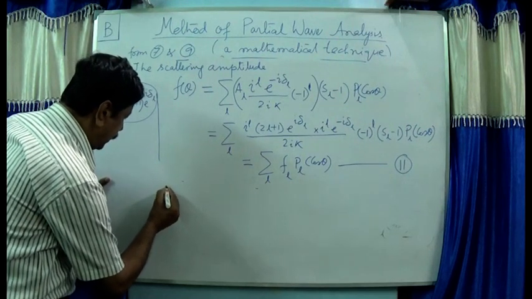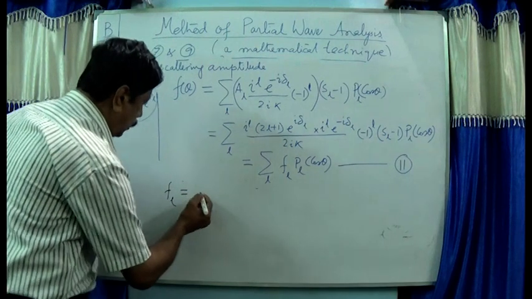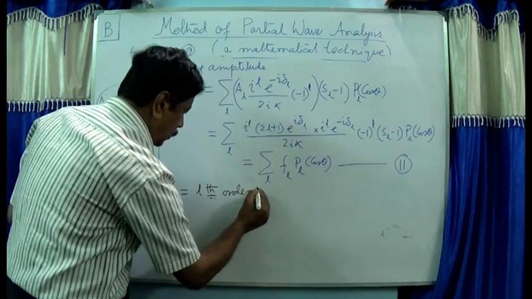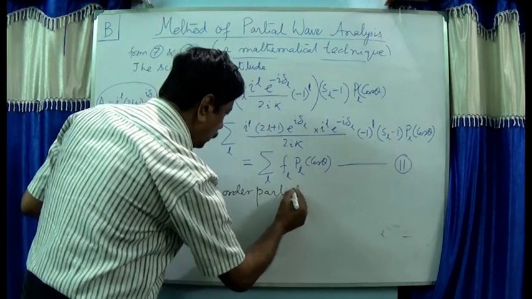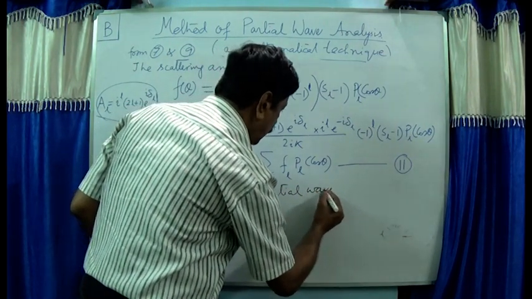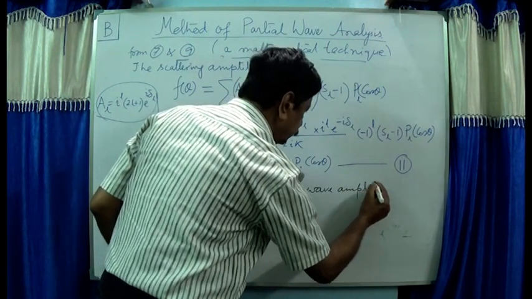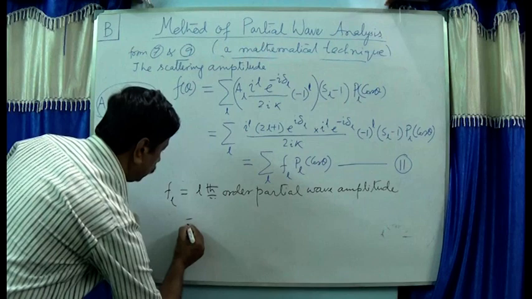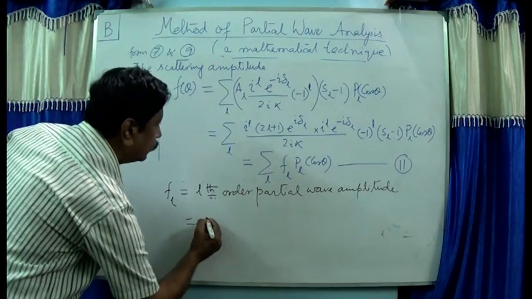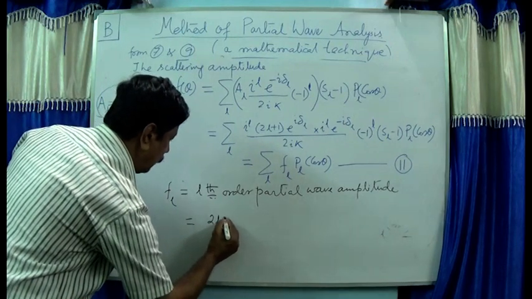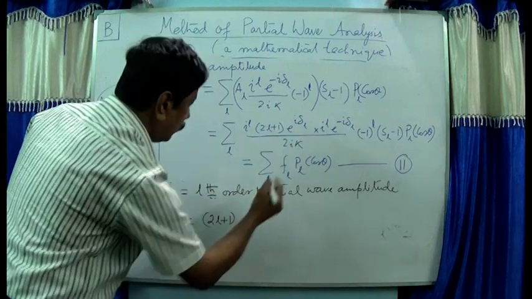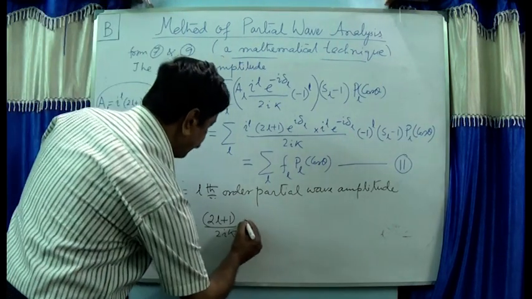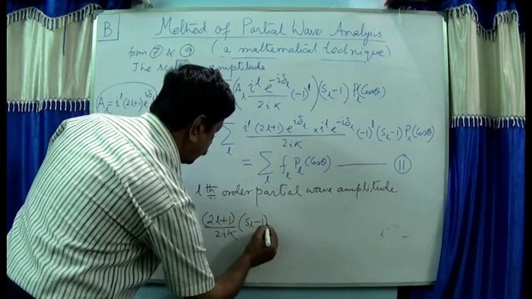The term f_L, which we call the Lth order partial wave amplitude, from this relation we can write it easily as (2L plus 1) by 2ik, (S_L minus 1).